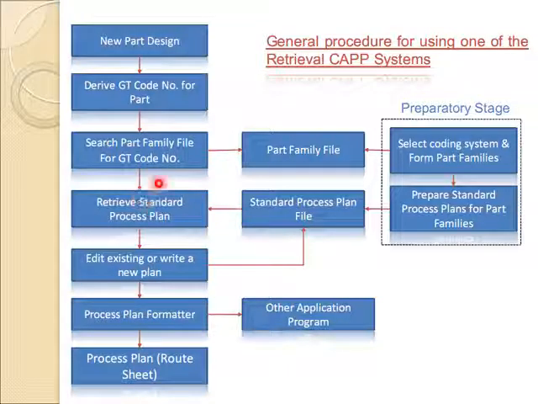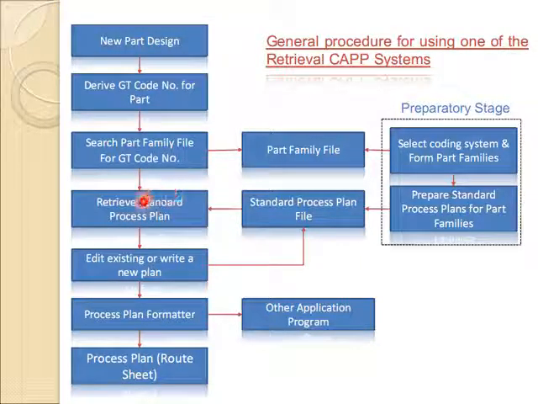To search the family file for the GT code, we go to the part family file. As input, we select the coding system and form part families, and we prepare the standard process plan for the part family. Then it goes to the standard process plan file, and to retrieval of the standard process plan.